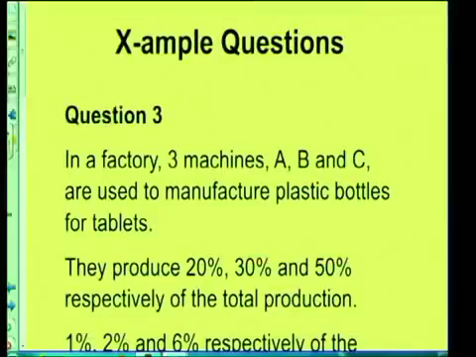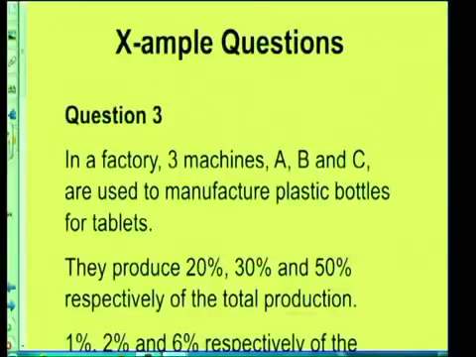Now, this next one is a lovely little question, also very, very common in an exam. It says, in a factory, 3 machines, A, B, and C, are used to manufacture plastic bottles for tablets. They produce 20%, 30%, and 50% respectively.